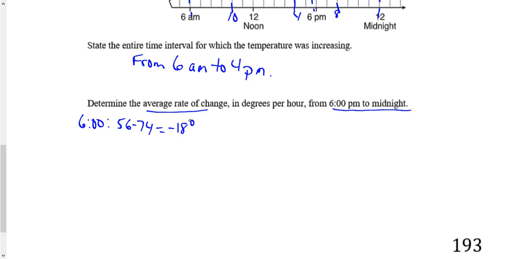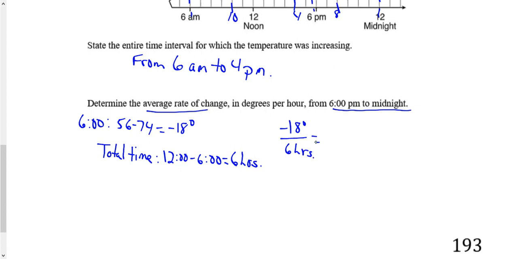Degrees. And what's the total time? 6 to midnight. What's 12 minus 6 o'clock? How many hours? 6 hours. So what's our ratio? What over what? Negative 18 degrees over 6 hours.